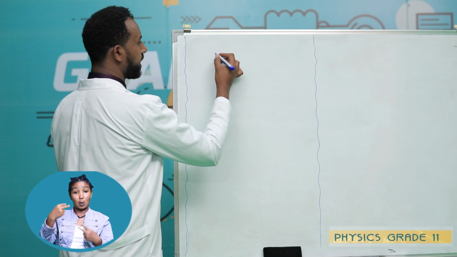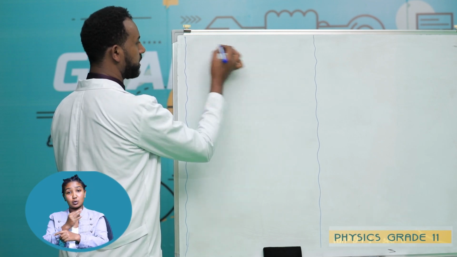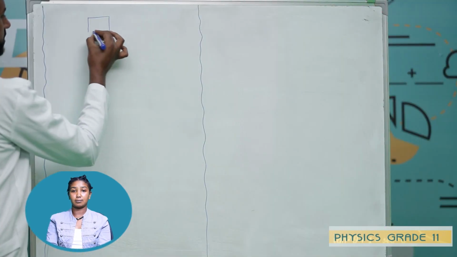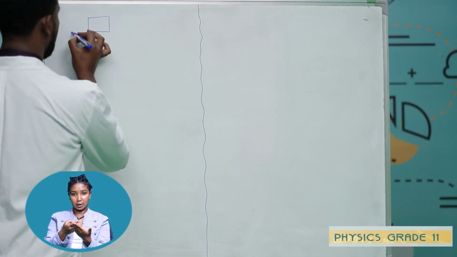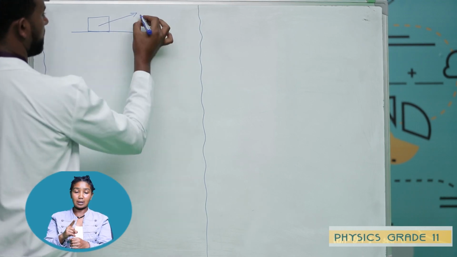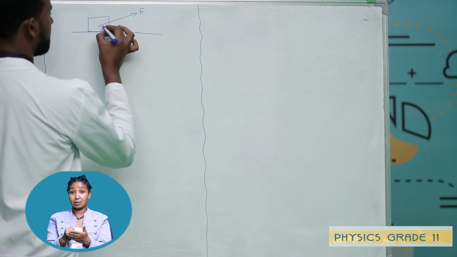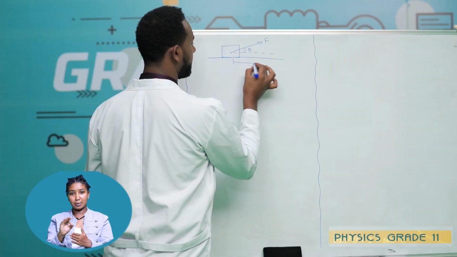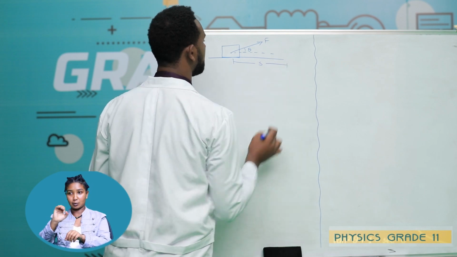If you have an external applied force, which is a constant force, let's take a box. Let's say force F is applied on it at an angle of theta. It might be displaced a distance of s.